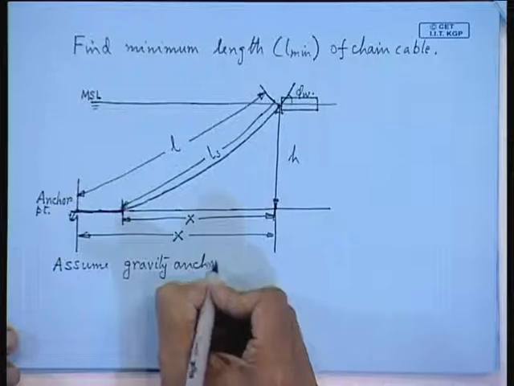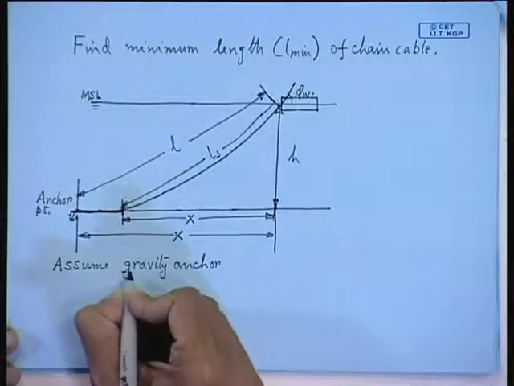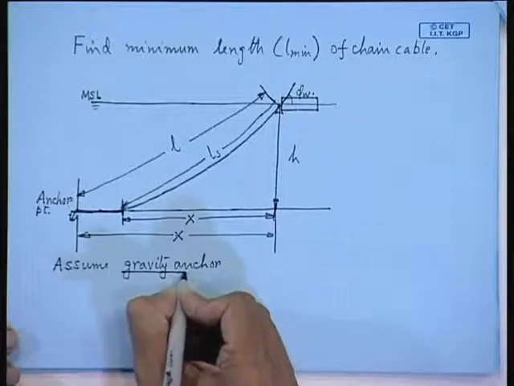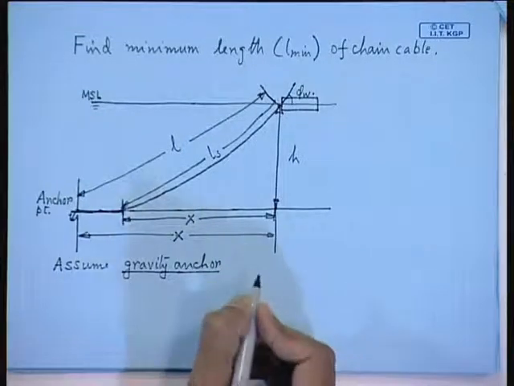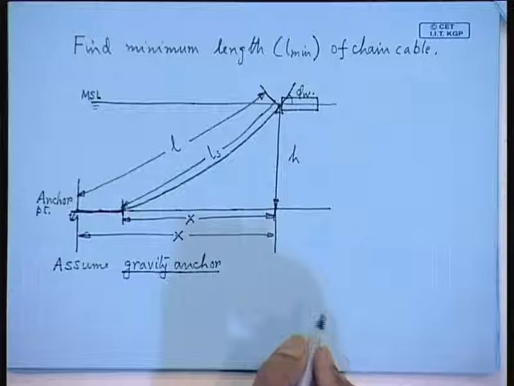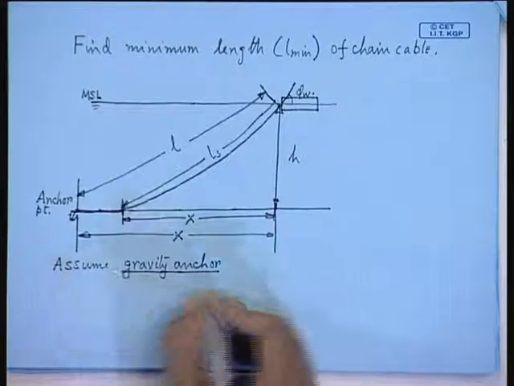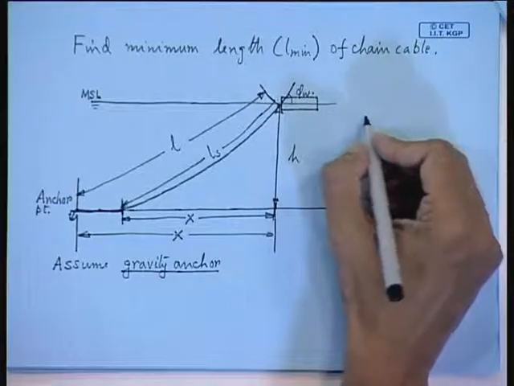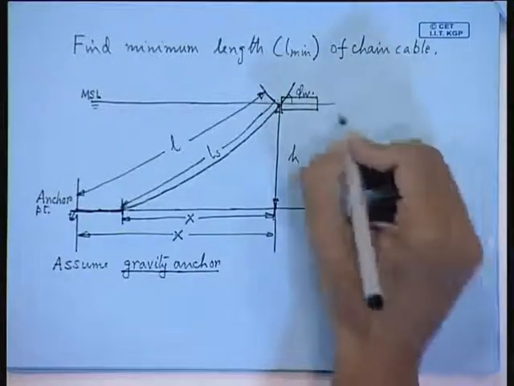Now what is the speciality of this gravity anchor? There are a number of types of anchors you will find. In marine engineering terms, anchors can be of different types.